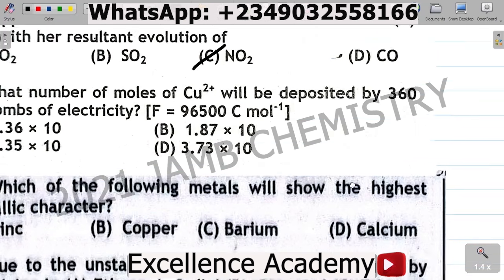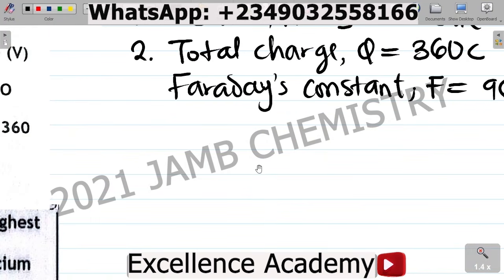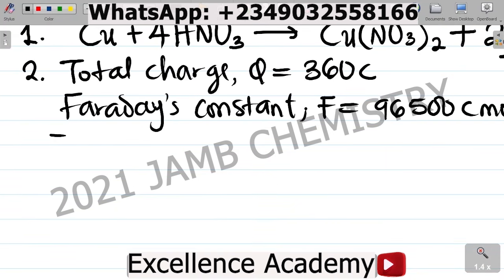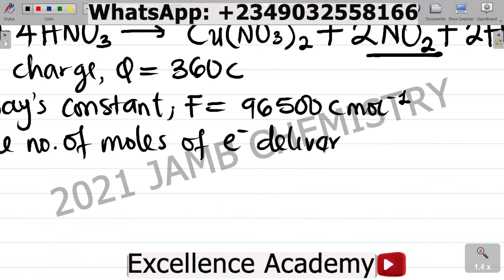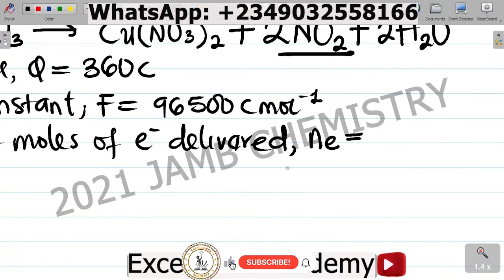So we have this. Now, the first thing we want to do is get the number of moles of electrons delivered. Let's call this number of moles of electrons E. This will be equal to the ratio of charge Q over Faraday's constant.